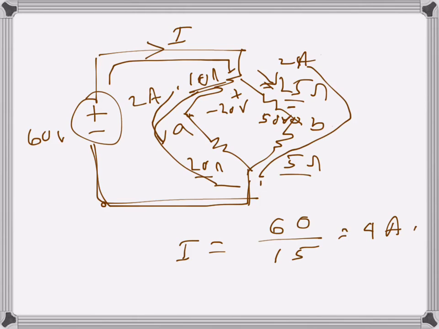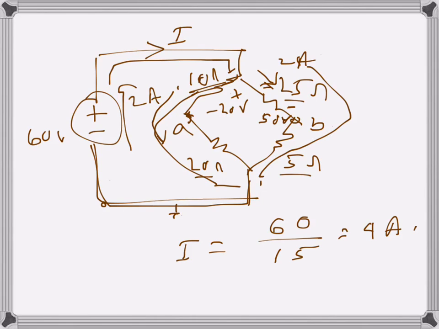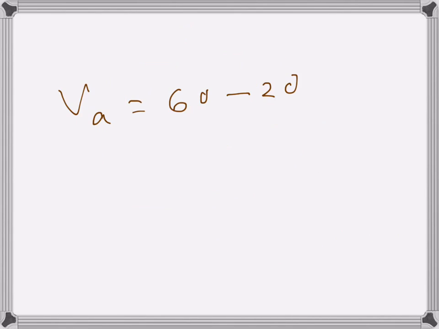We can calculate the voltage VA that way. If we start from here, this is ground. So 60 volts rise here, and going in this direction up to VA, we have 60 volts minus the drop in the 10 ohms resistance, 10 times 2, which is 20 volts, so that's 40 volts. That's the voltage VA.